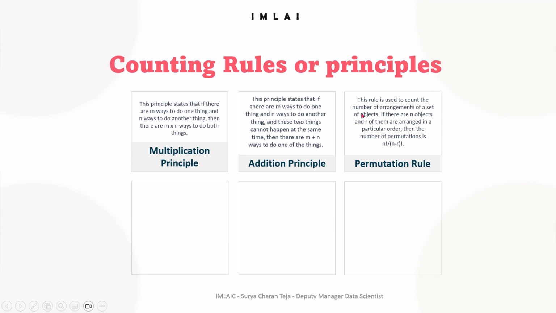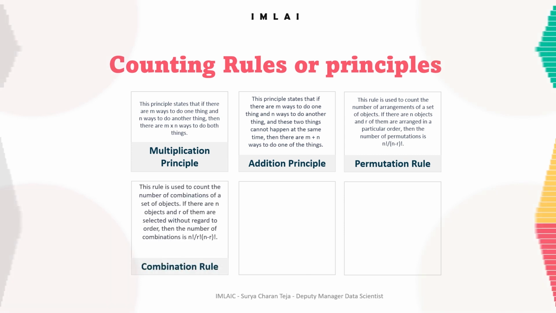So the permutation rule is used to count the number of arrangements of a set of objects. If there are n objects and r of them are arranged in a particular order, then the number of permutations is n factorial divided by n minus r factorial. Then we have the combination rule. This rule is used to count the number of combinations of a set of objects.